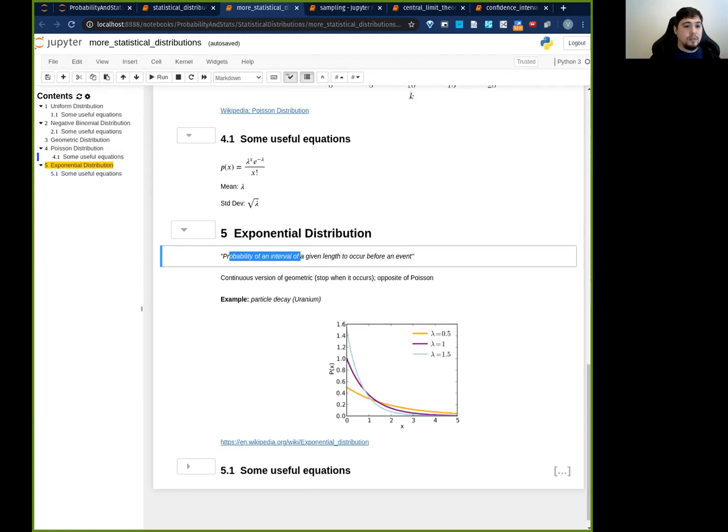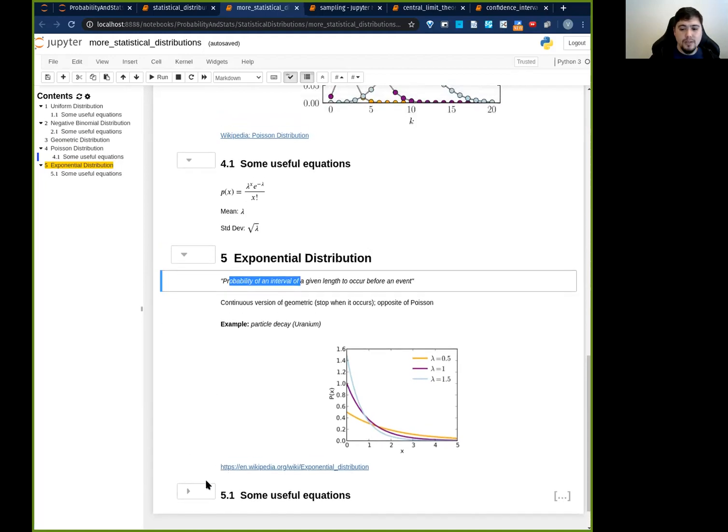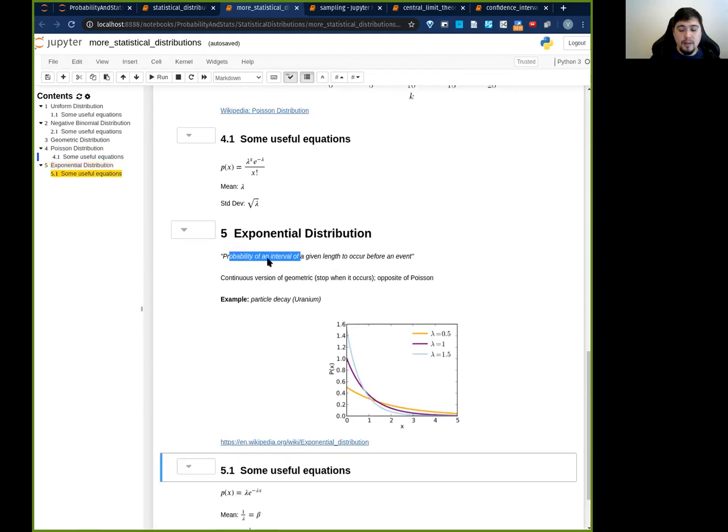So we can use this to help predict how long it will take for COVID-19 to be effectively extinct, where it's not going to be passed around very much. So these are, again, really common.